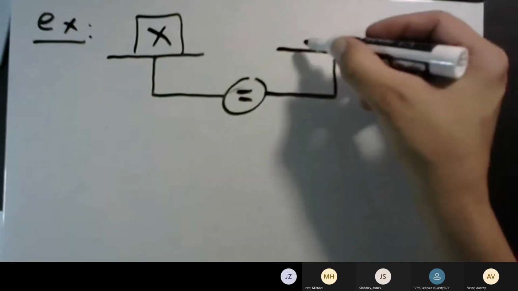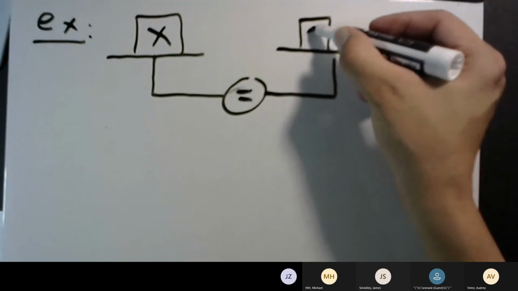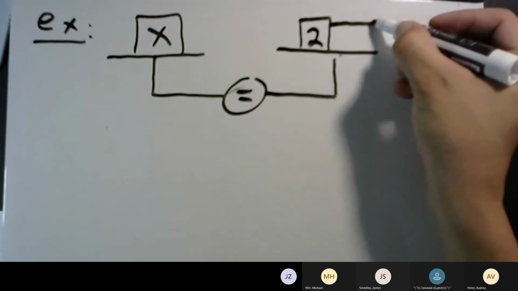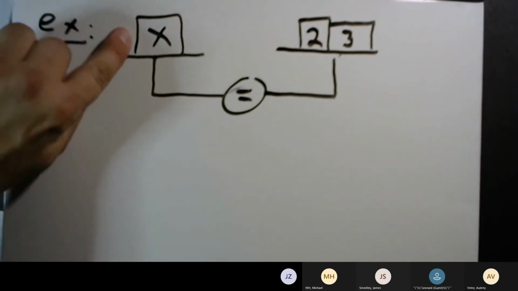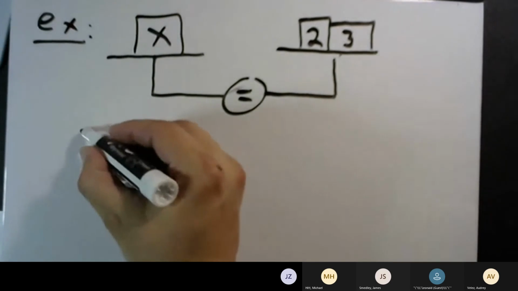We have an unknown, and then we have some weights. Now let's say these are balanced, they're equal. So how do we know how much X weighs?